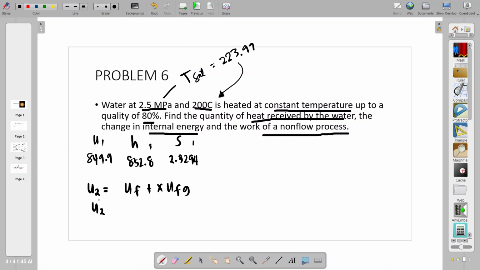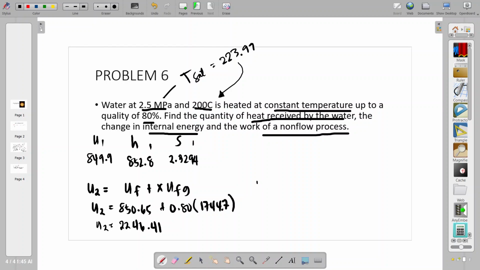Its Uf is equivalent to 850.65 plus 0.8 times 1744.7. So, U2 is equivalent to 2246.41.